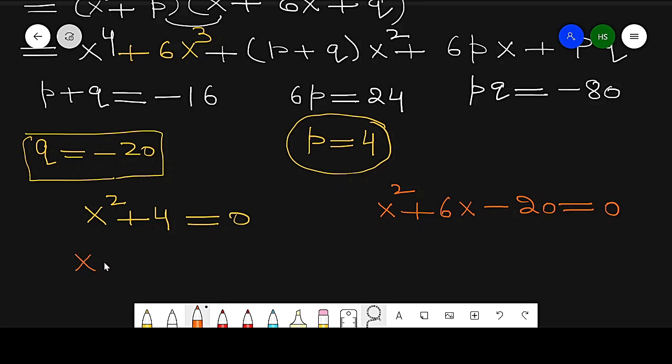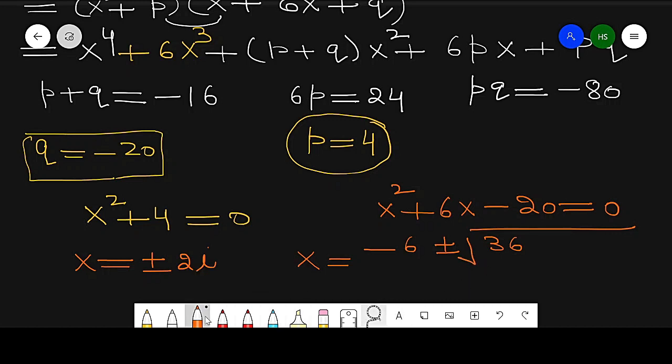So from this x is equal to plus minus 2 iota, and from this x is equal to minus 6 plus minus the square root of 36 plus 80, over 2.